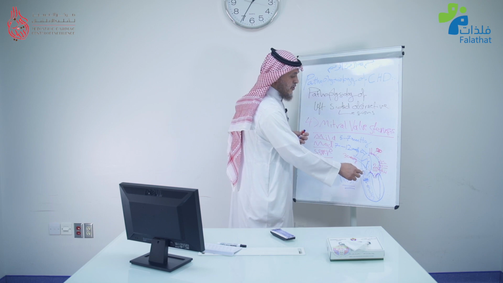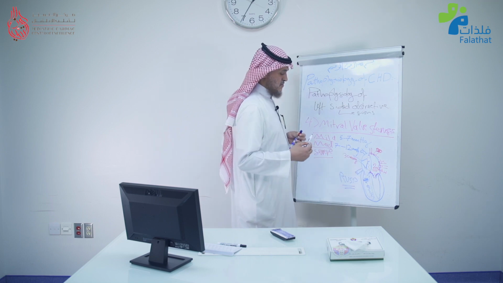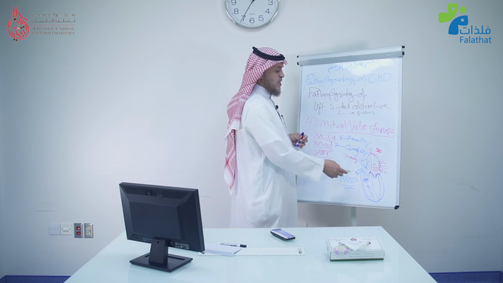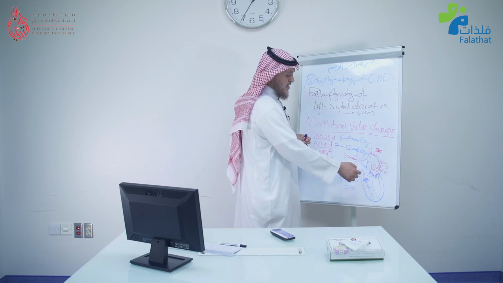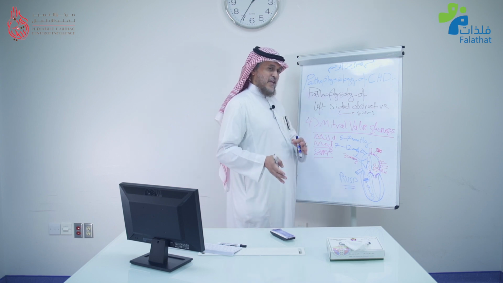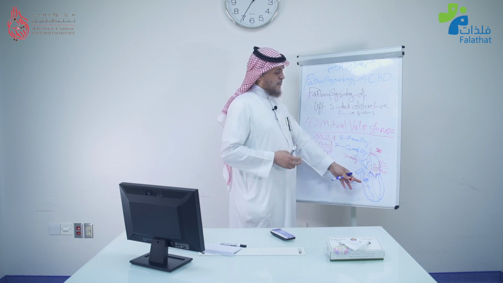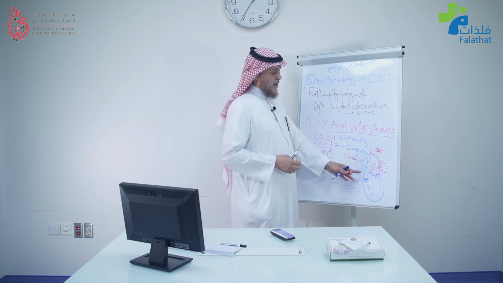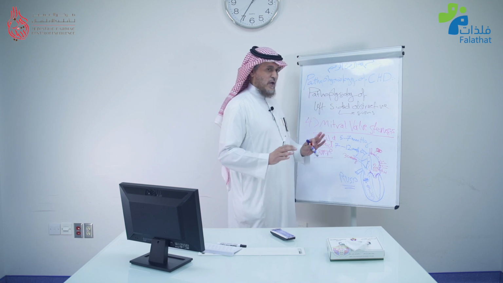Pulmonary valve regurg, probably trivial to mild, not much effect on the pulmonary valve. Tricuspid valve regurgitation may be mild, may reach up to moderate depending on the right ventricular hypertrophy that happens and the function, which is usually quite maintained.